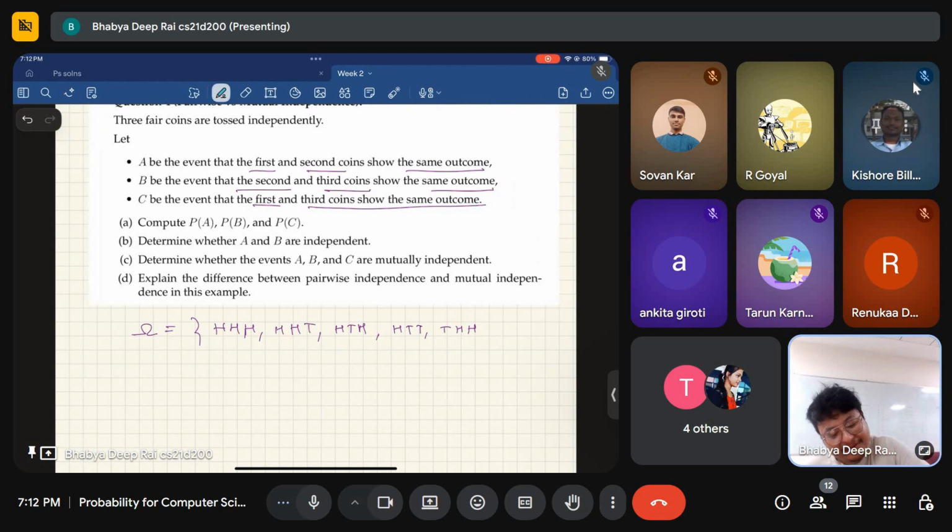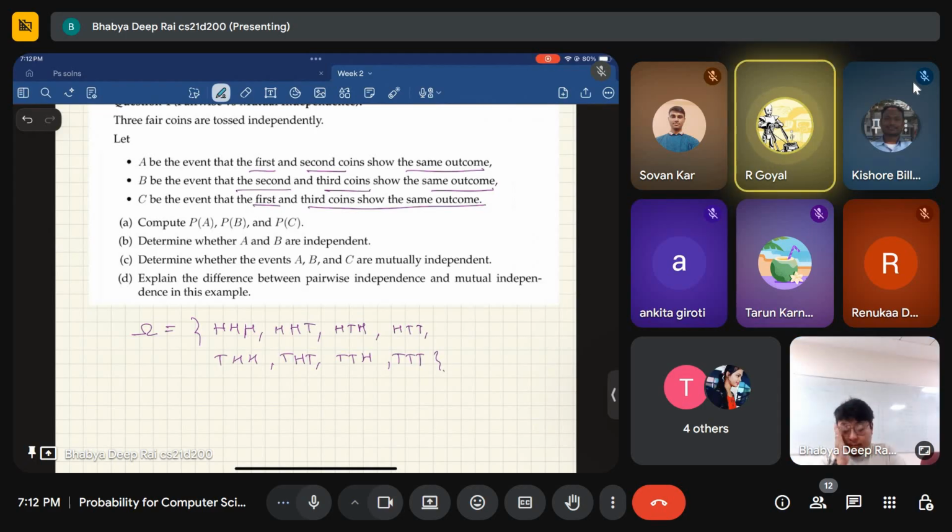Okay, let me write this below. And now we can find the A's, B's, and C's values easily.